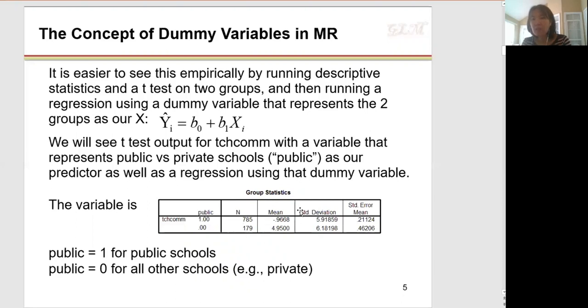And this is NELS data. So public school is coded as 1, private school is coded as 0. So the mean of public school is minus 0.9 and the mean of private school is 4.9. Very big difference, right?